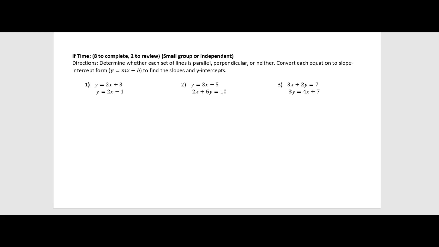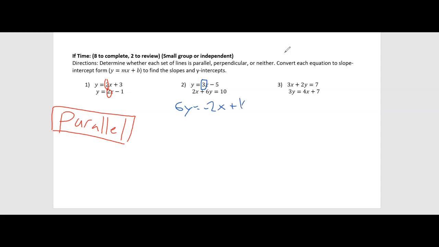Okay, so let's go through the first one. That's fairly straightforward. Our slopes are both 2 because these are both already in slope-intercept form, so these have to be parallel. For number 2, we have a slope for the first equation that is 3. Our second equation is not in slope-intercept form yet, so we've got to rearrange it. I'm going to subtract 2x from both sides, so I get 6y equals negative 2x plus 10.